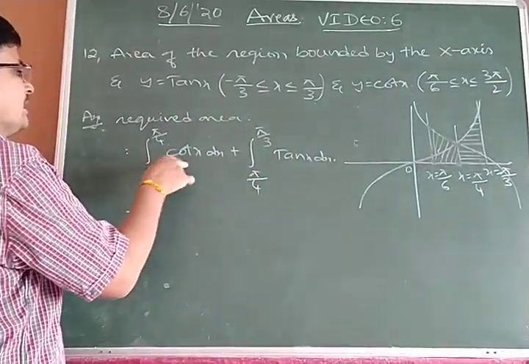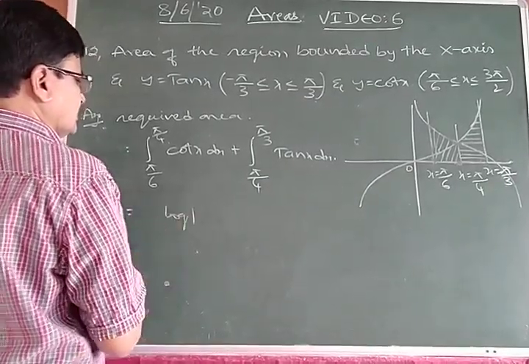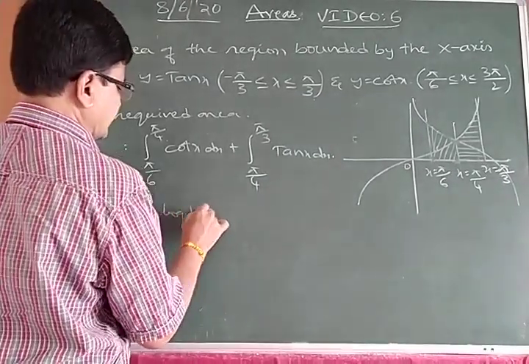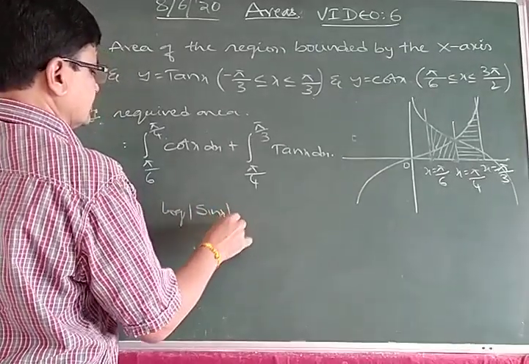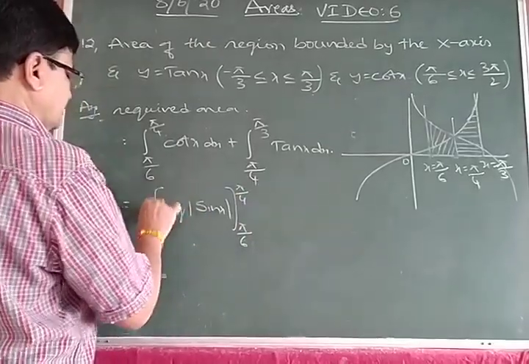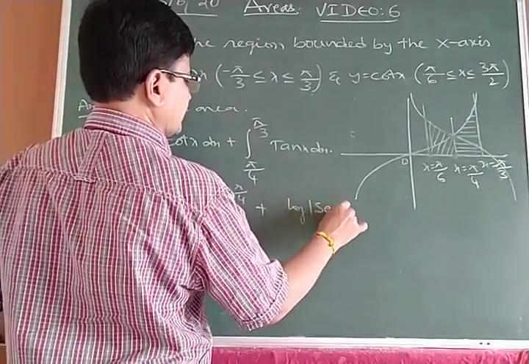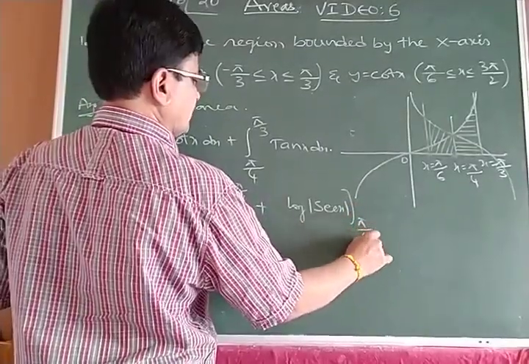Now the integral of cot x is log mod sin x from pi by 6 to pi by 4, plus the integral of tan x is log mod sec x from pi by 4 to pi by 3.